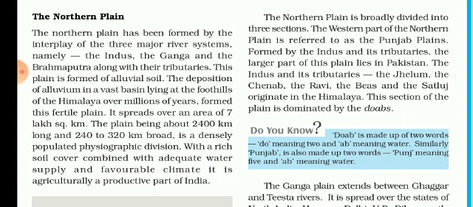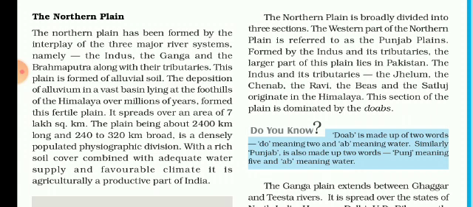The larger part of this plain lies in Pakistan. The Indus and its tributaries, the Jhelum, the Ravi, the Satluj, the Beas, and the Chenab, originate in the Himalayas. The Punjab plain is also dominated by Doabs.